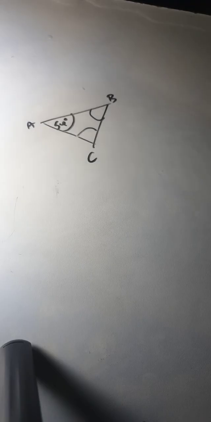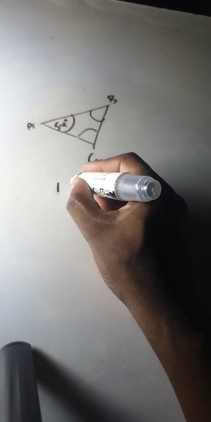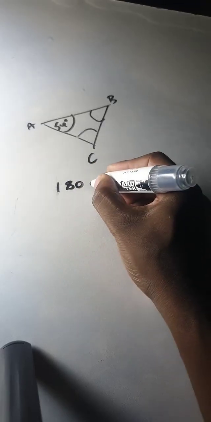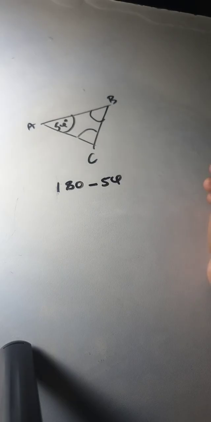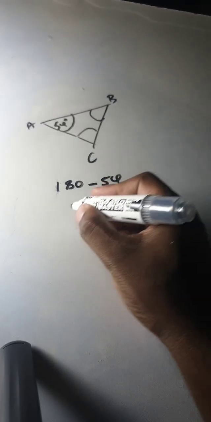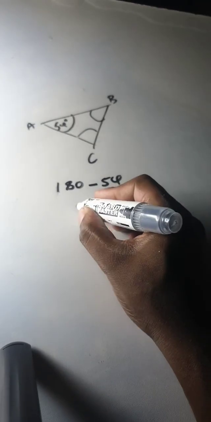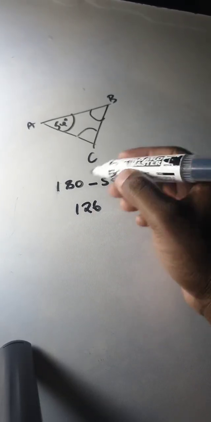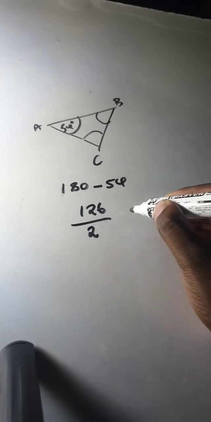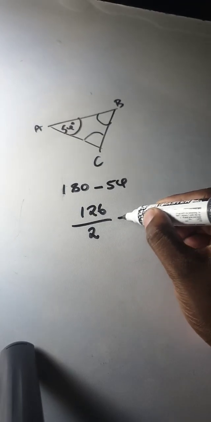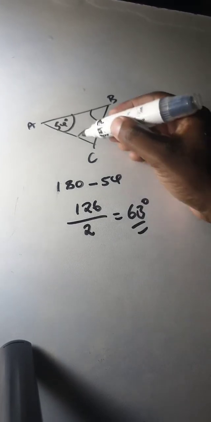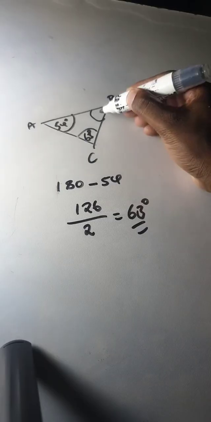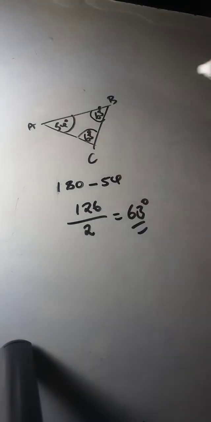So we say 180 minus 54, which is 126. Then if we divide by those two equal angles, we get 63 degrees. That means this angle is 63 degrees and that angle is 63 degrees.